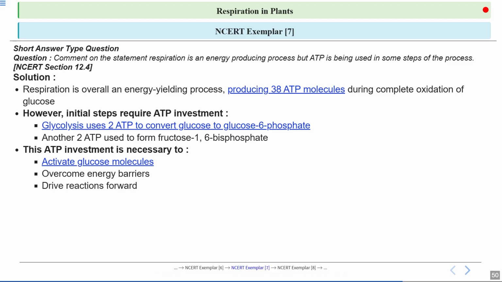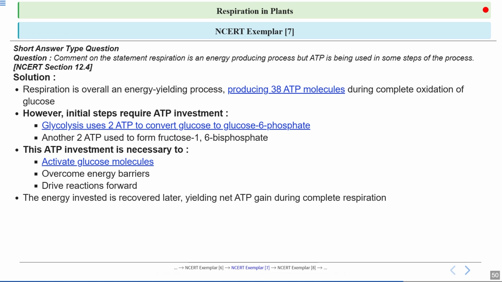Third, this ATP investment drives the reactions forward. It ensures that the process keeps moving in the right direction, leading to eventual production of more ATP. The energy that is invested in these early steps is recovered later in the process. During complete respiration, the cells end up with a net gain of ATP, making the initial investment worthwhile.